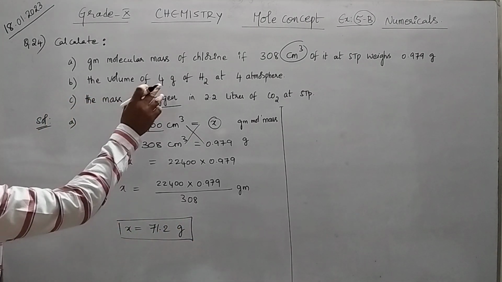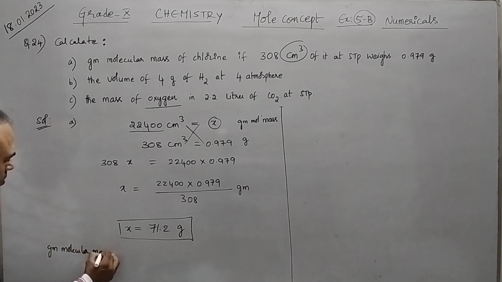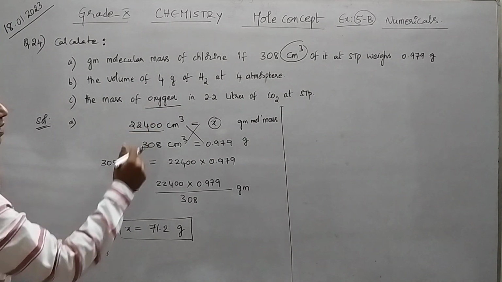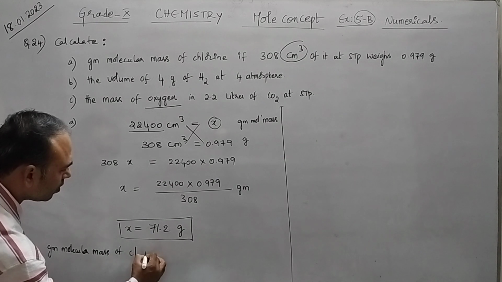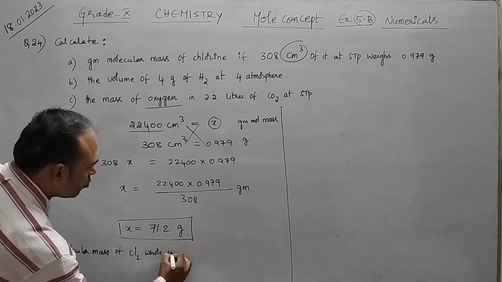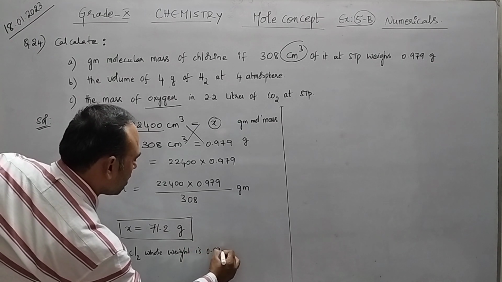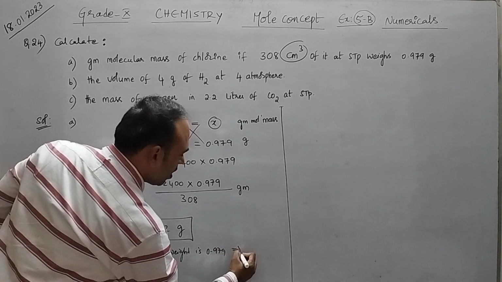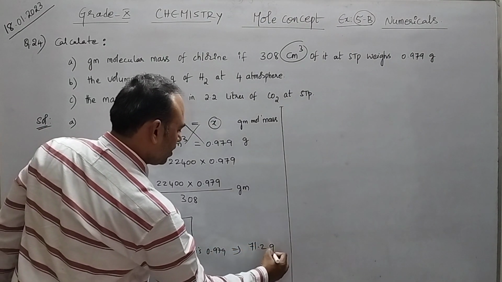So what will be the conclusion? We can write like this: gram molecular mass of chlorine whose weight is 0.979 grams. So on this, if you convert, you will be getting 71.2 grams.